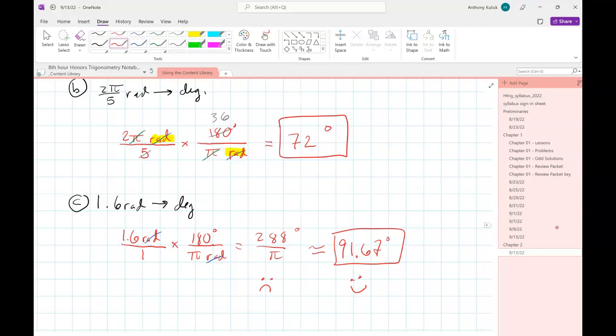If I tell you the angle's pi over 2, that gives you no more intuition than 1.57 radians. Either of those is equally meaningless to you, so let's give the exact answer there. 288 degrees over pi means nothing to you, but 91.67 sure does.